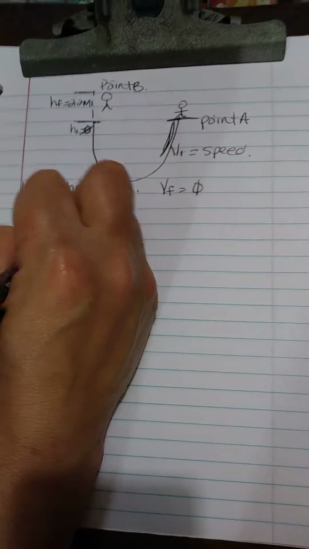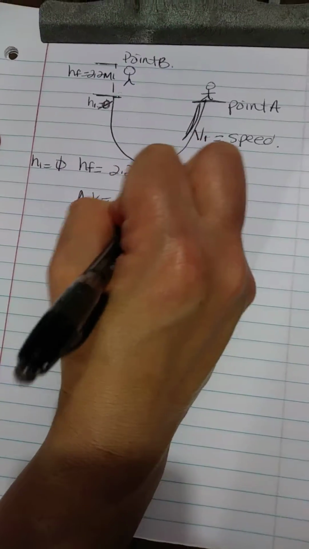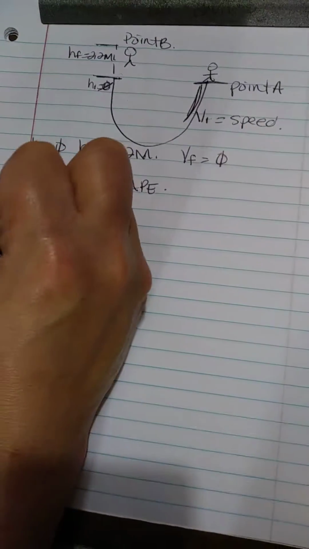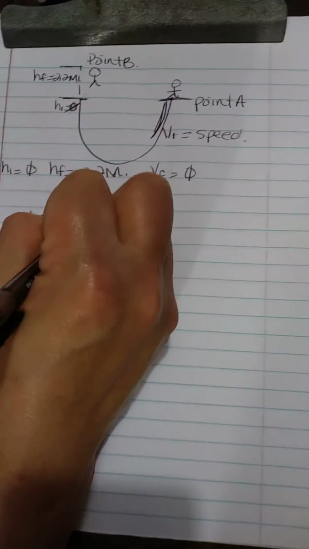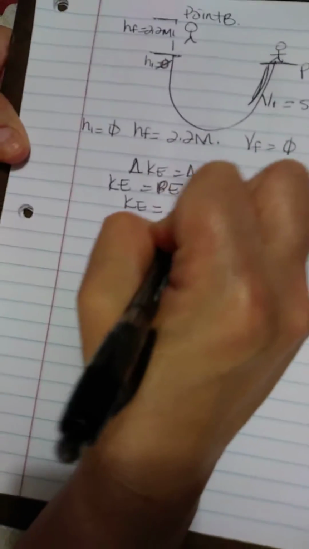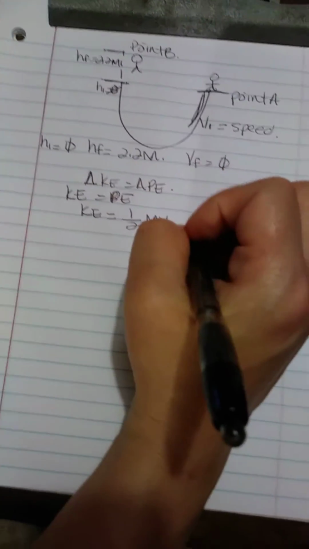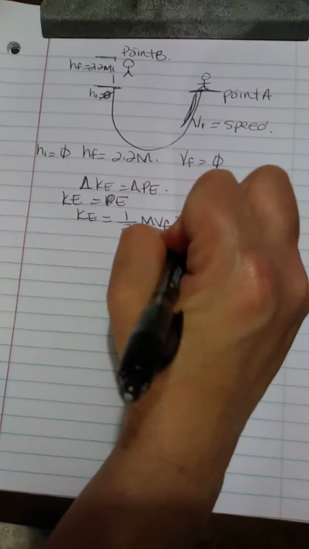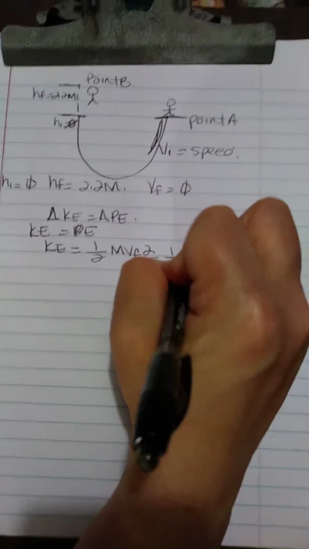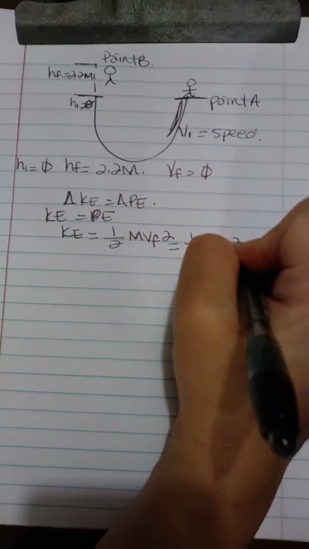So our equation is going to be the change of kinetic energy equals the change of potential energy. Kinetic energy is 1/2 mass times velocity final squared, minus 1/2 mass times velocity initial squared.